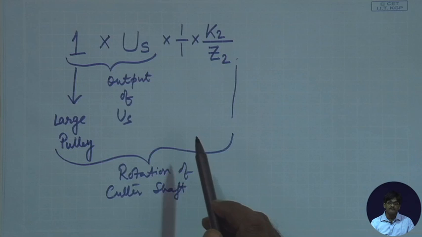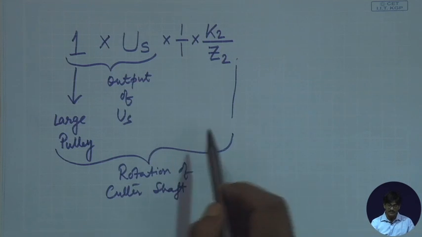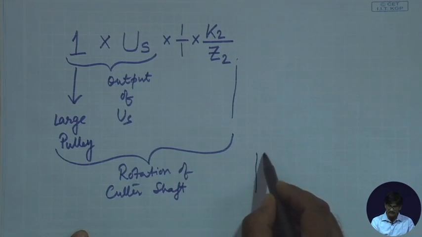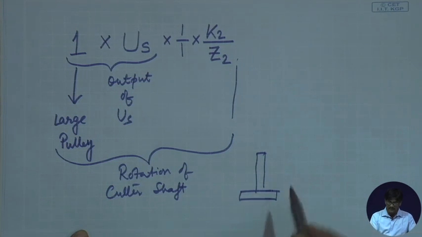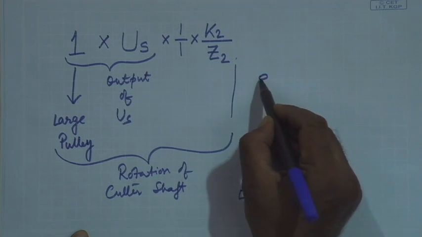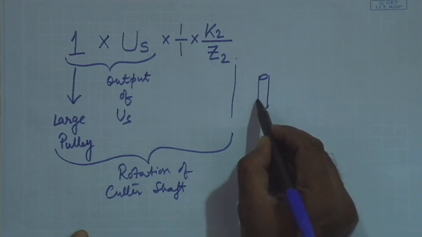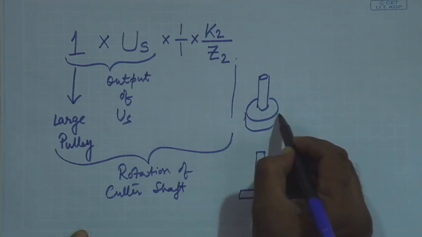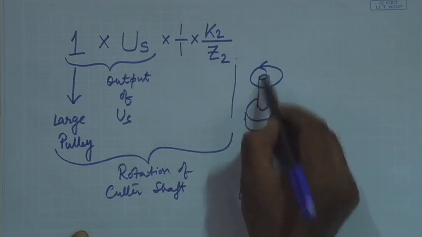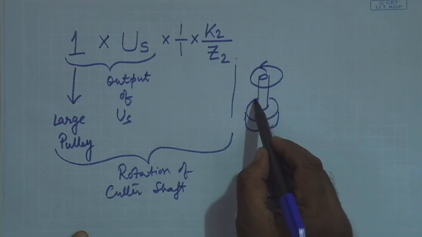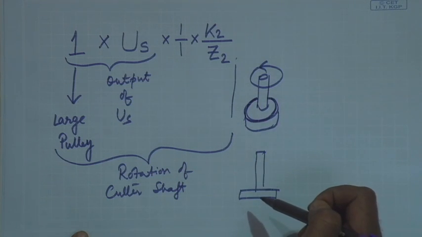Definitely pi d, that means one full circumference. If the cutter is here, or rather let us draw it in an isometric form. If this rotates once completely, how much is the circumferential movement of the cutter? Definitely equal to one circumference.